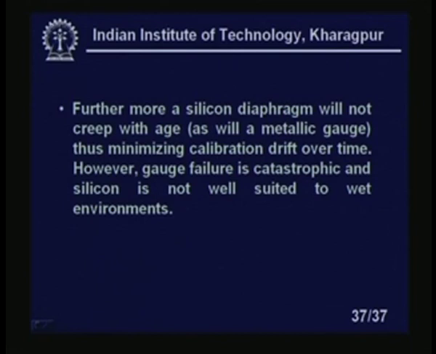Silicon is not well suited to a wet environment, right. It is very difficult to control what type of environment there will be, and it might be a wet environment also. If I have a metal gauge, that problem does not arise, but if you use a semiconductor measuring the pressure of dry air, there is no problem, but in other cases it will be a problem, right.